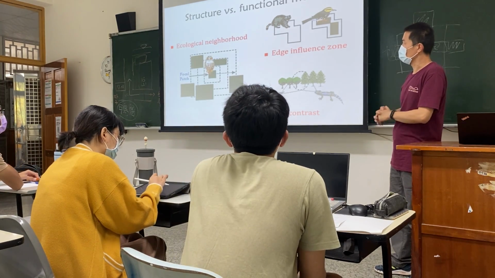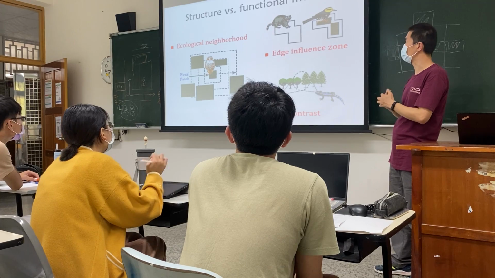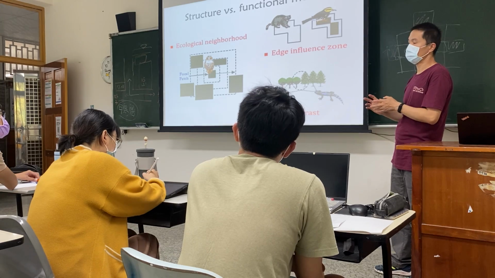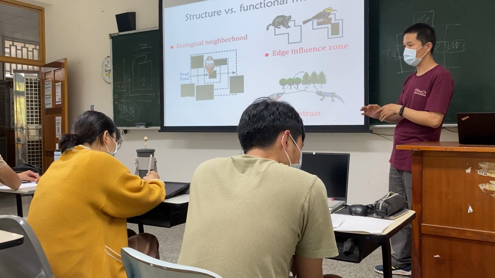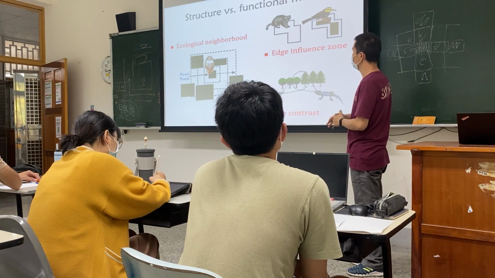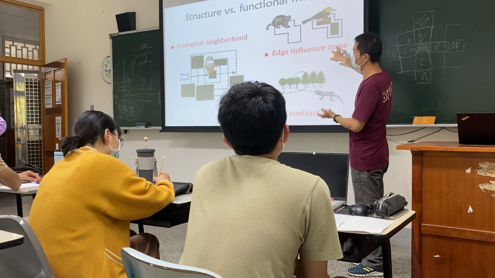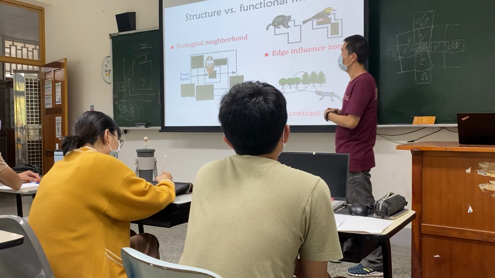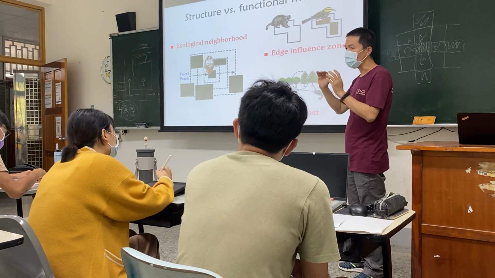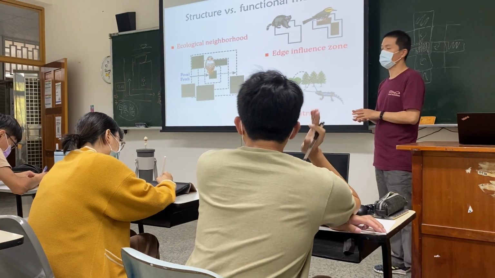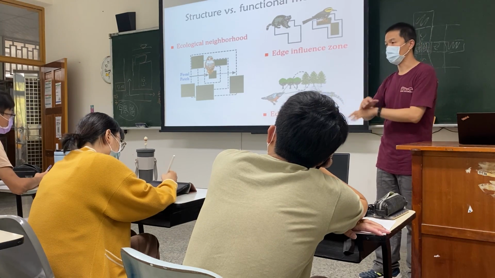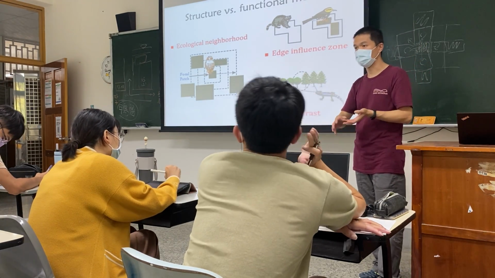And for the structural or functional measures, again, you can easily calculate some index or some metrics. It can be related to edge contrast, the interior species, like the edge influence zone, or the ecological neighbors ideas. For almost all the metrics, we can always look at the structural and the functional. Structural is very easy. We will do a lot of calculation to practice.